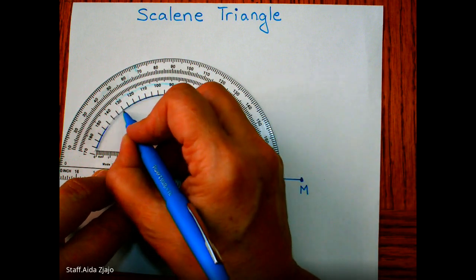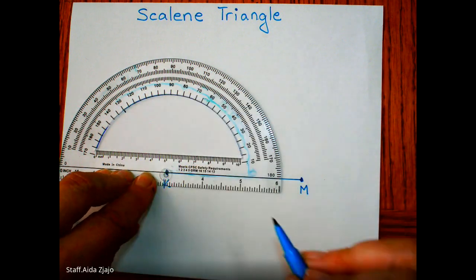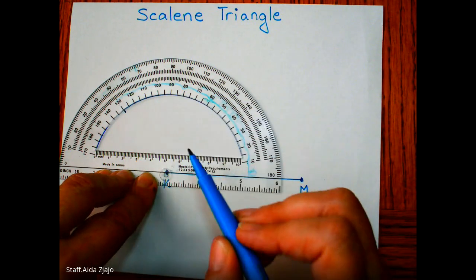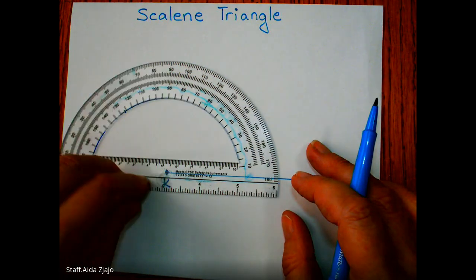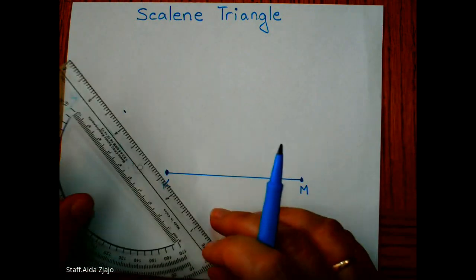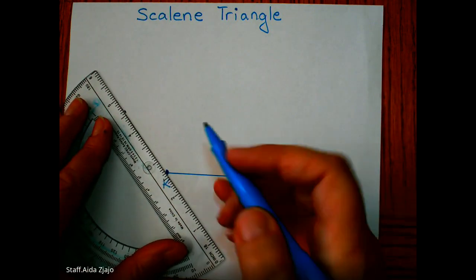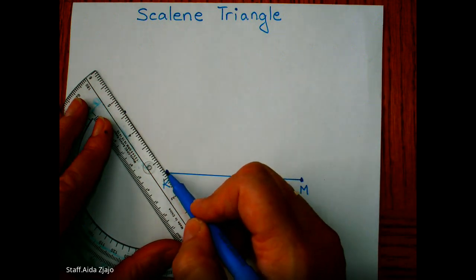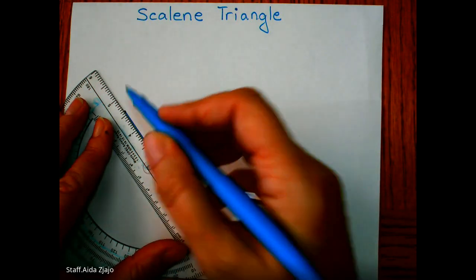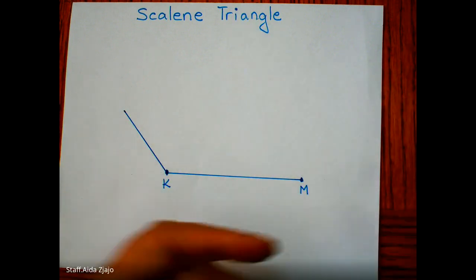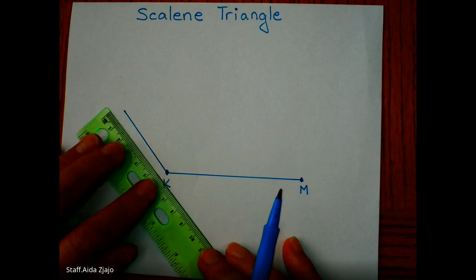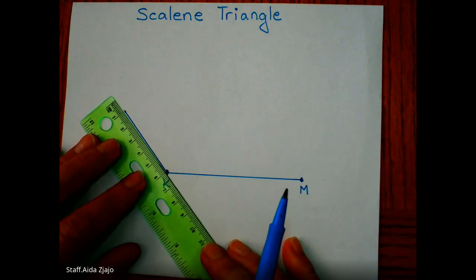If I go like there, and put my dot right there, on 130, I will have another point on that line segment, and then I can connect and extend it if I like to make it bigger than this line. So how about if I measure 6 centimeters?